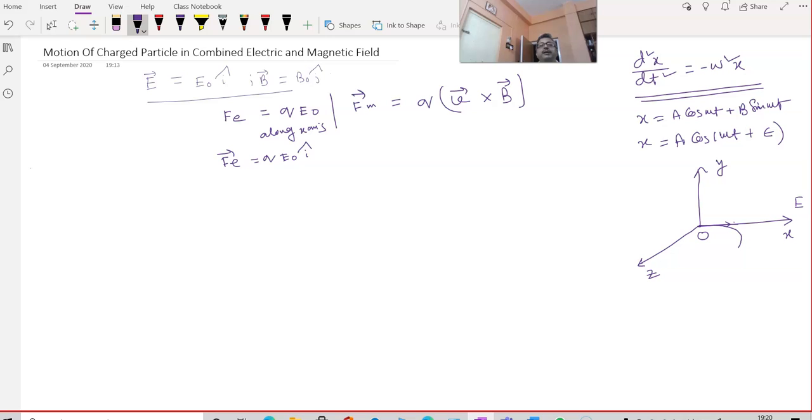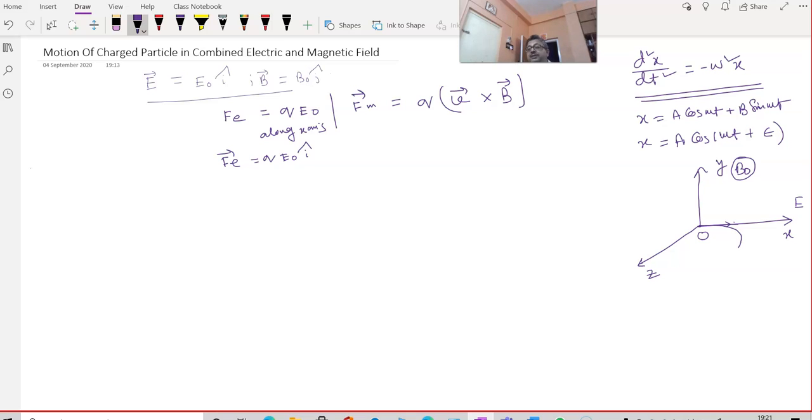So velocity we are taking in this manner. Let v equal to, due to magnetic field directed along y-axis, the strategy you have to fix up first. Magnetic field forever directed along y-axis. So it will compel the charged particle to describe circular path in the xz plane only.